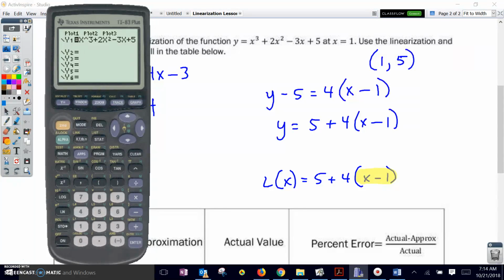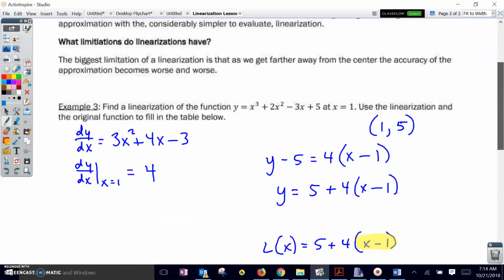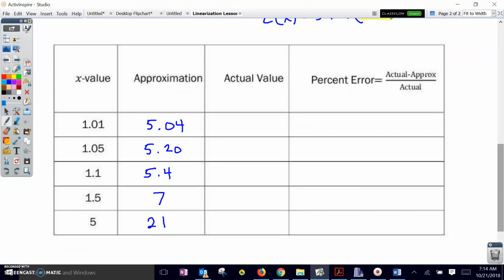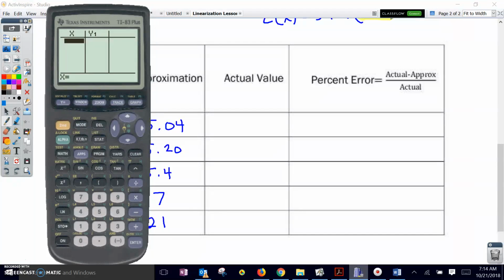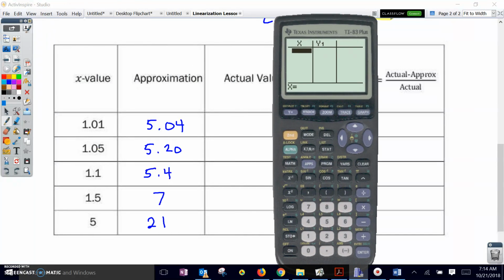And we gave us an easy to work with table here, or easy to work with values, and an easy to work with function, so that I could show you the concept that not all approximations with a linearization are created the same. Just substituting those values into our original function.